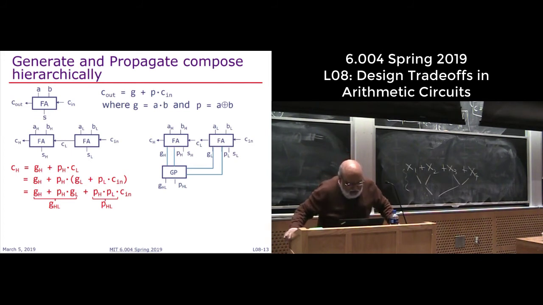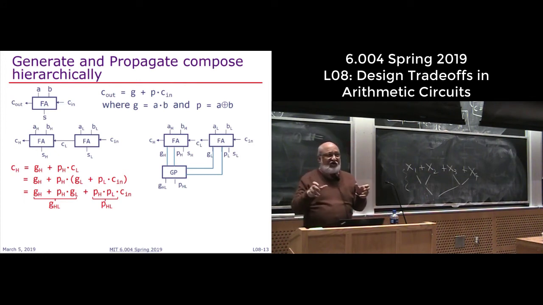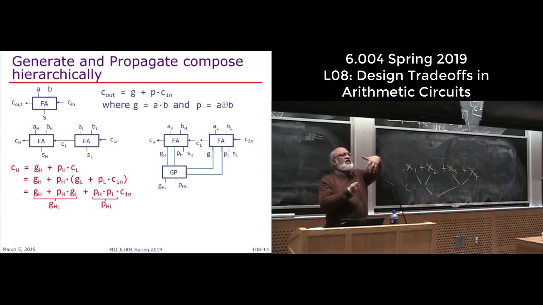I'm showing you GH, PH, and GL, PL. Then, by the algebra on the left-hand side, I showed you how to combine these two things, and that is what this capital GP is. This is my composition box. It takes the G and P signals from the high side, it takes G and P signals from the low side, and it produces the G and P signal for the whole thing.